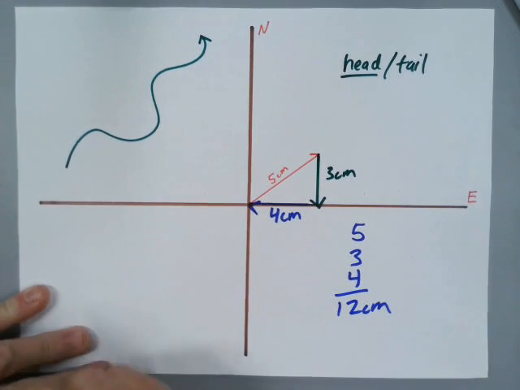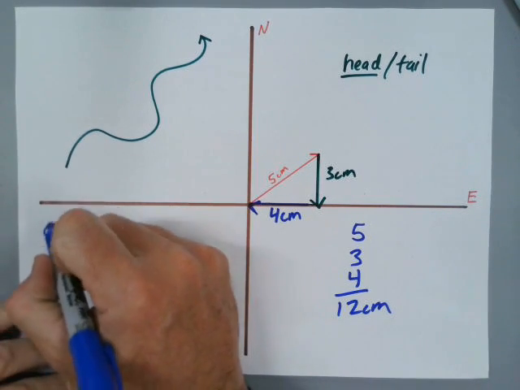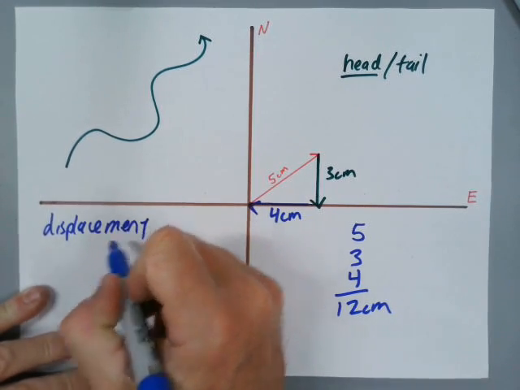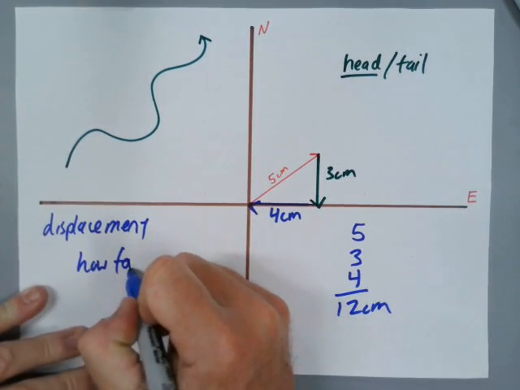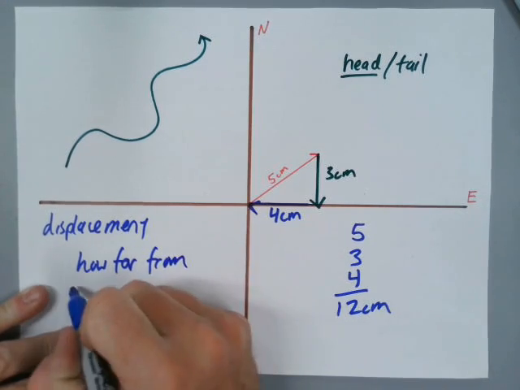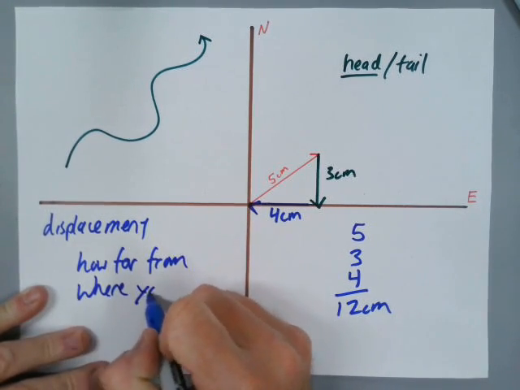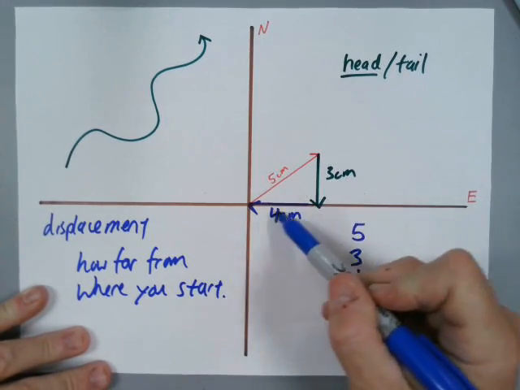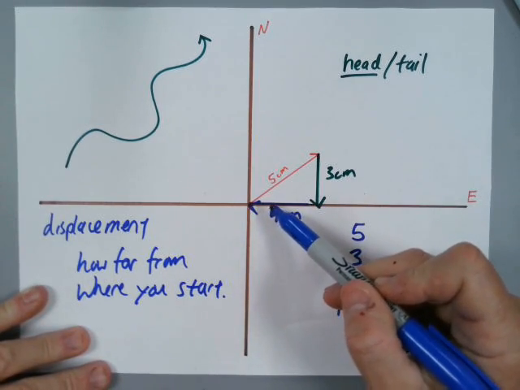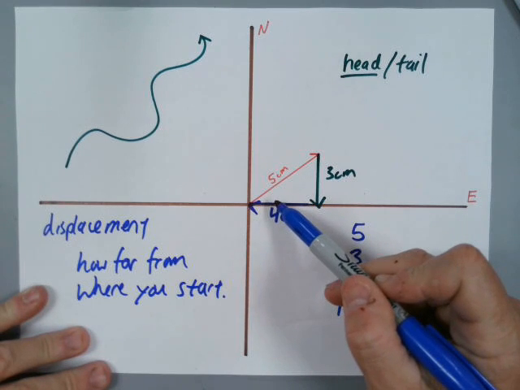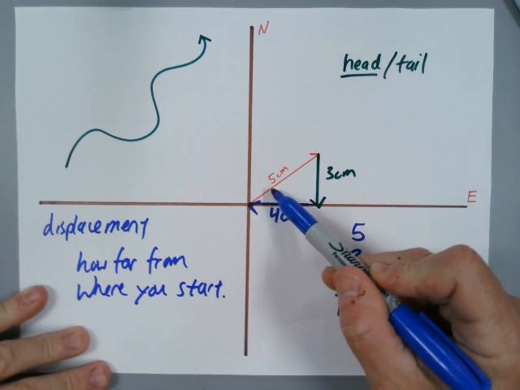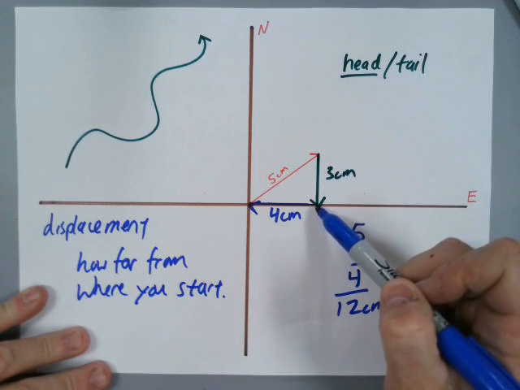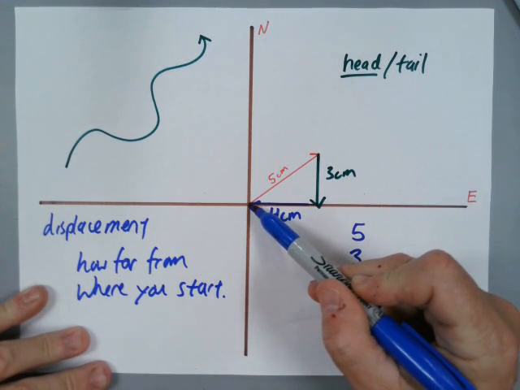That's what displacement is. Displacement is how far from where you started. So in this case, if I add together my 3 vectors, because I made 3 separate trips, I went a certain distance in a certain direction, then I went that distance in that direction, and I went that distance in that direction.